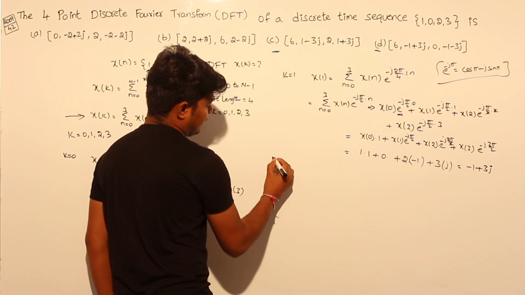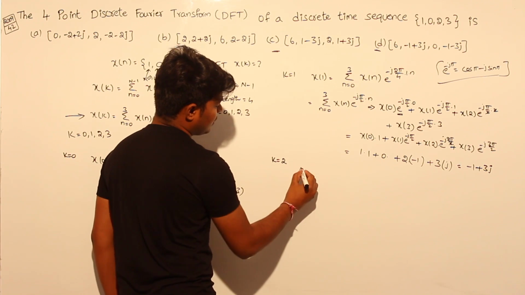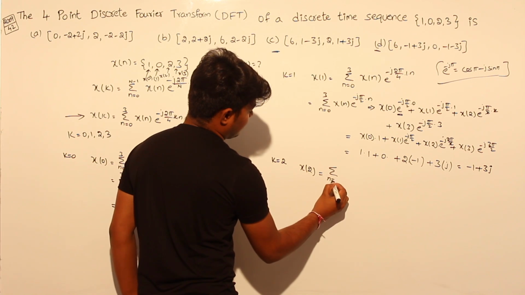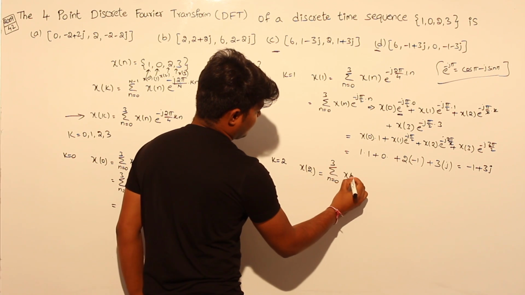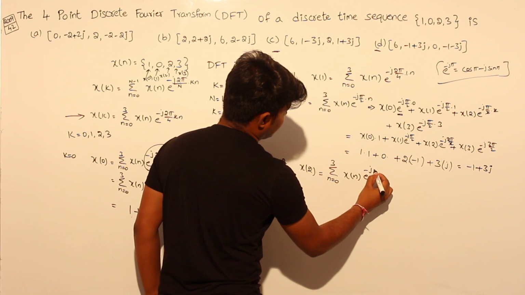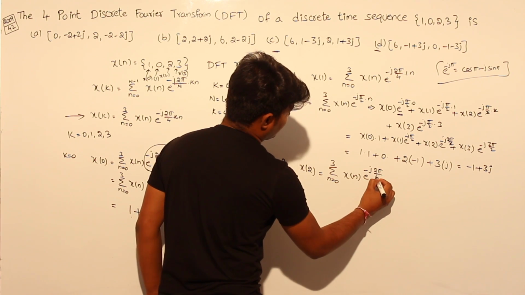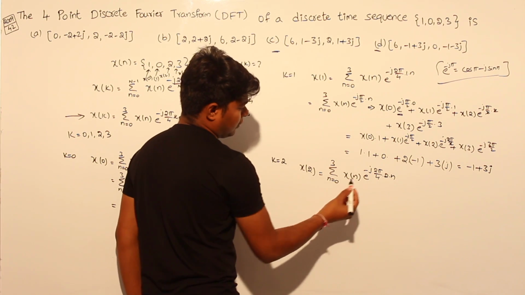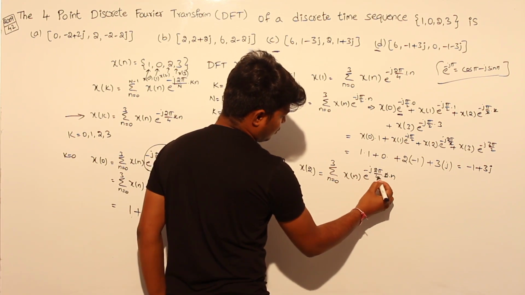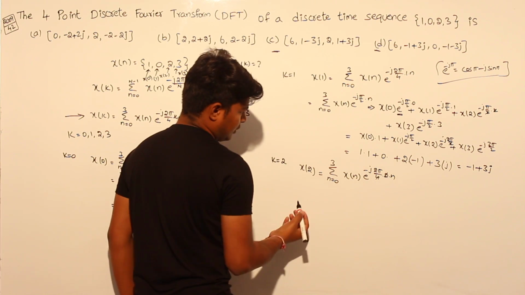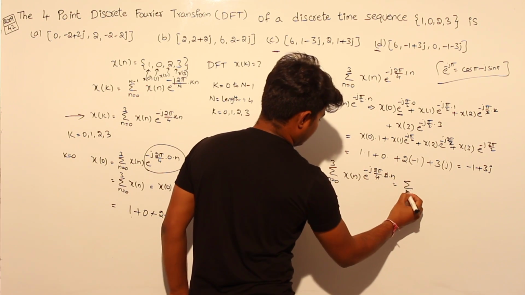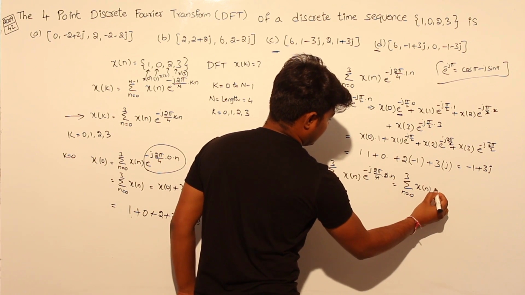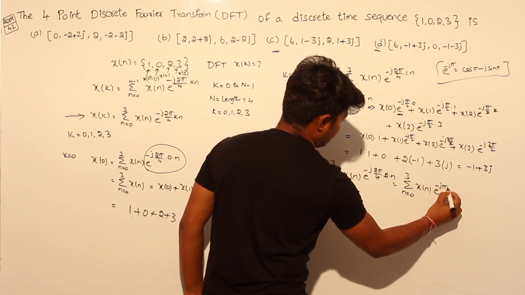Now similarly we find for k equal to 2, x of 2 is equal to summation n equal to 0 to 3 x of n e power minus j 2 pi by 4 into 2 into n. Now if you simply cancel out 2, 2 and 4, this will be equal to summation n equal to 0 to 3 x of n e power minus j pi n.